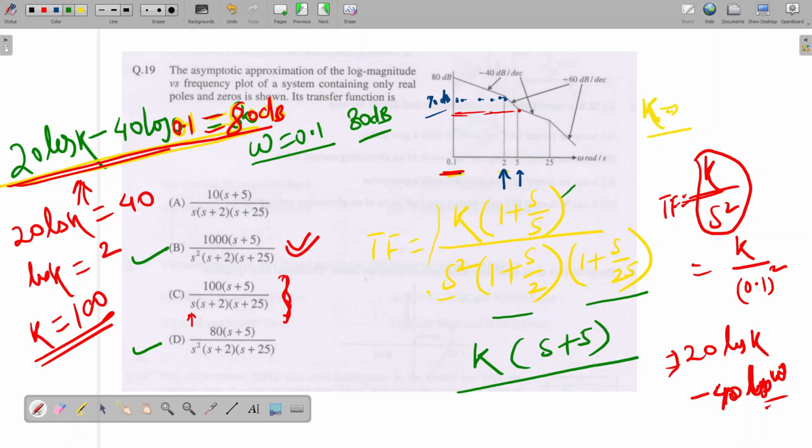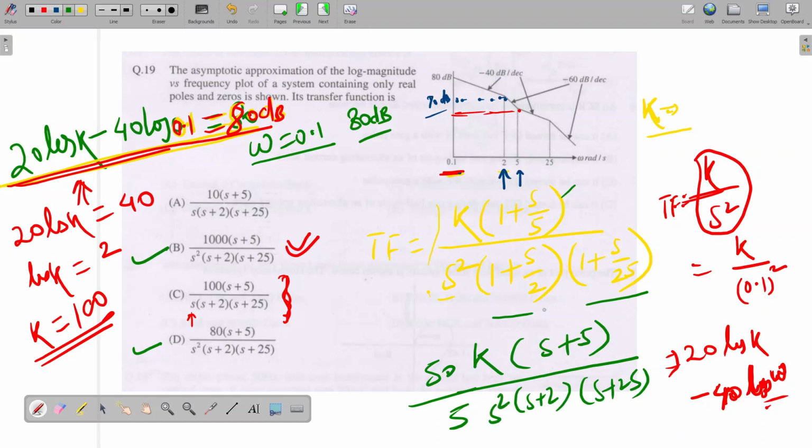Now I am simplifying this equation. So k into s plus 5 divided by s plus 2 and s plus 25. The 25 into 2 gives 50, and 50 by 5 gives 10.